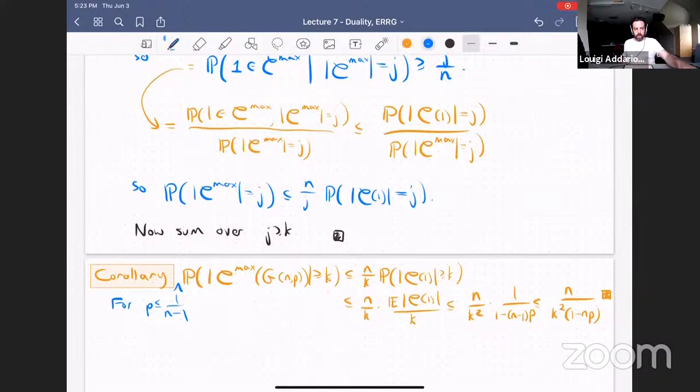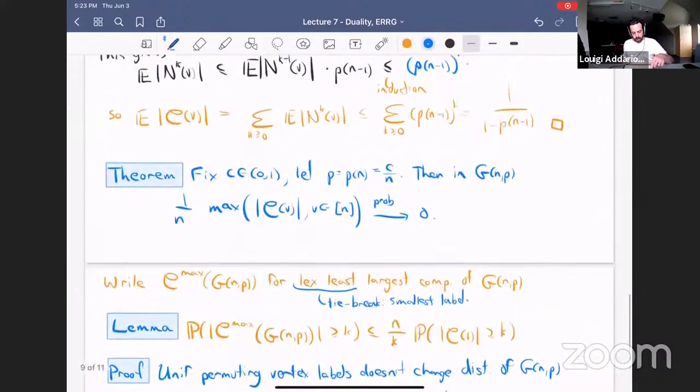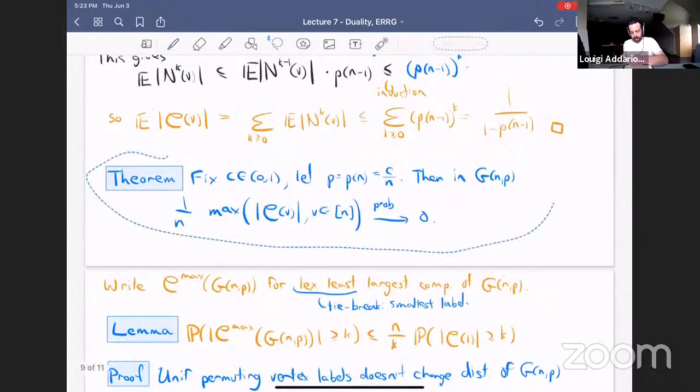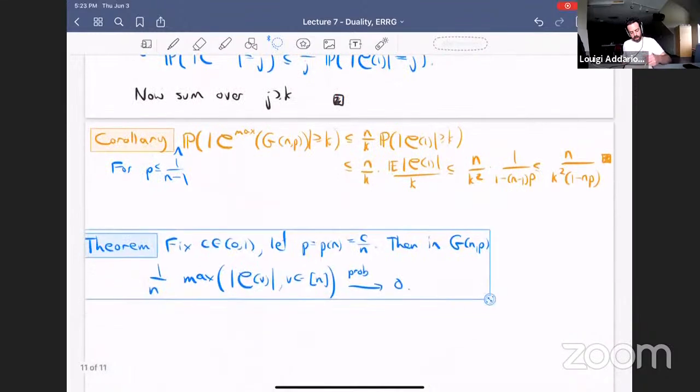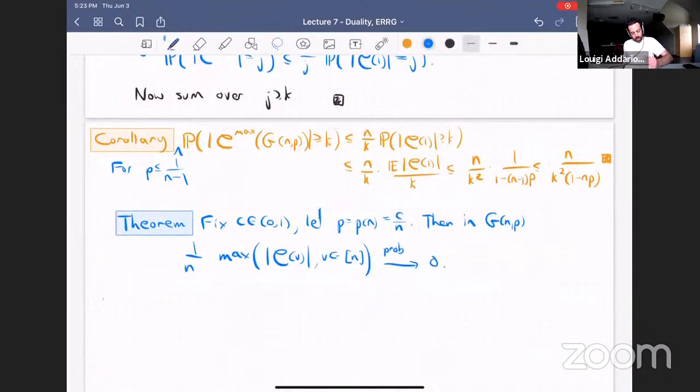So let's now use that bound to prove the theorem. Remember, the theorem said that the largest component, with high probability, is sublinear when p is c over n for c less than 1. The proof isn't very hard now.